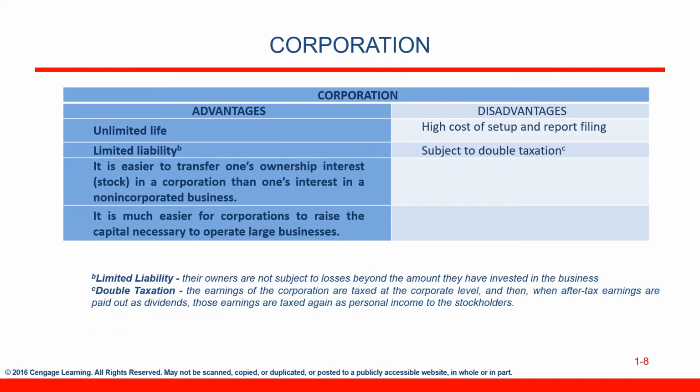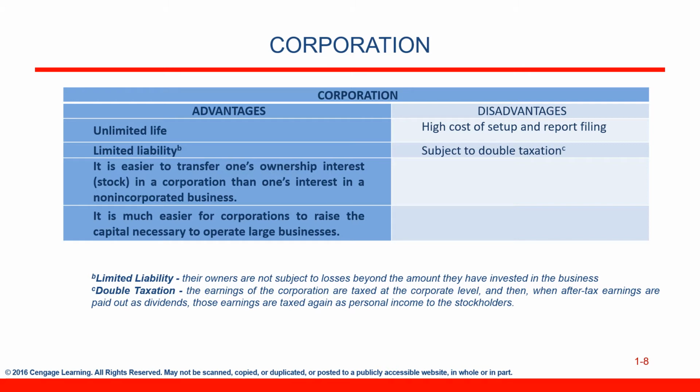Okay, on the other hand, for corporation, we have also listed some advantages and disadvantages. One advantage of the corporation is it has unlimited life. Even if the corporators, the stockholders, died, the corporation will still live, so it has unlimited life.